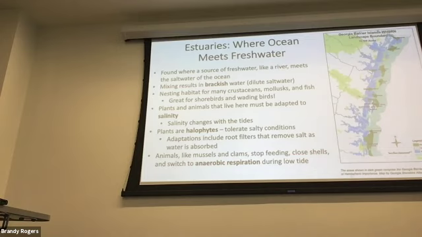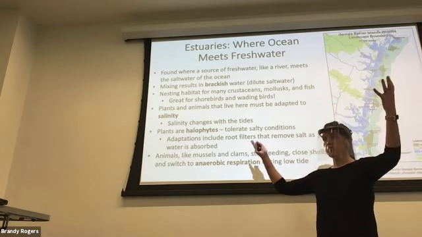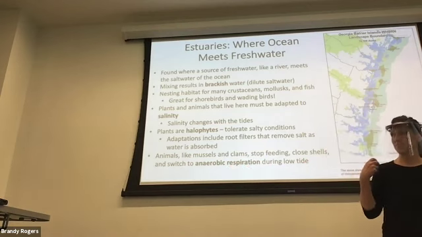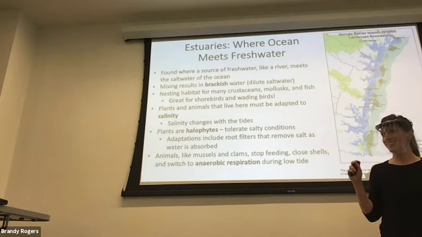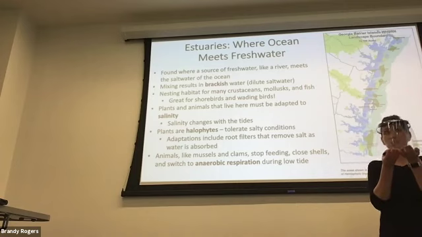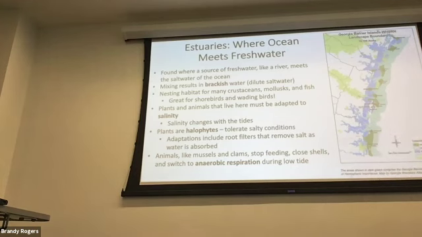So let's just pretend for a second that you're a mussel and you're well adapted to salinity. What happens if you leave your soft tissues wide open and fresh water rushes in? What do you think? Think about osmosis and diffusion. Everyone loves to talk about that, right? If your cells are salty and you're well adapted to being sort of isotonic with salty water, what happens when you're doused with fresh water?